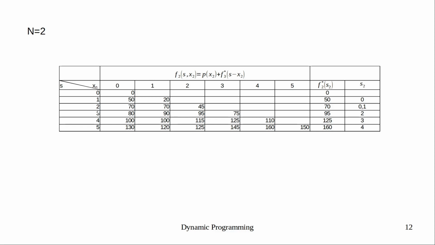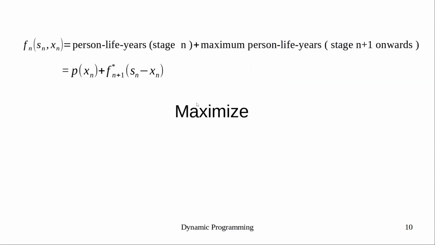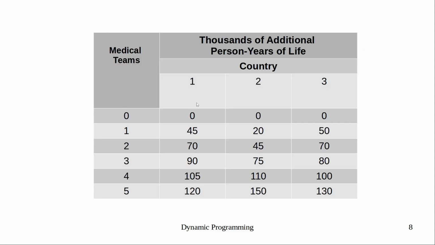But if you allocate both the teams to yourself, it's going to be 45. Have a look here. If you allocate both teams to yourself, it is going to be 45. But if you're allocating yourself 1 team and country number 3 also 1 team, it's going to be 70.